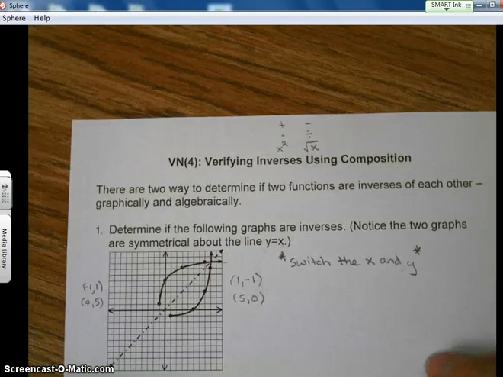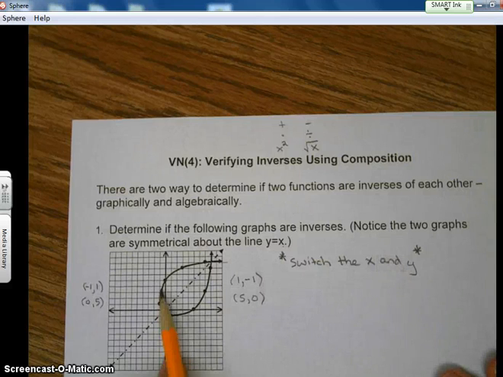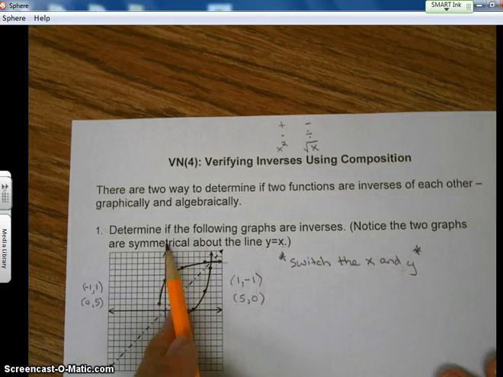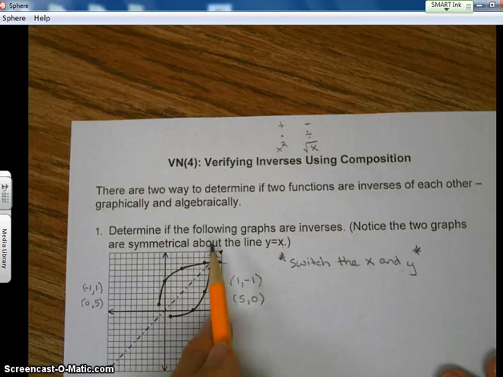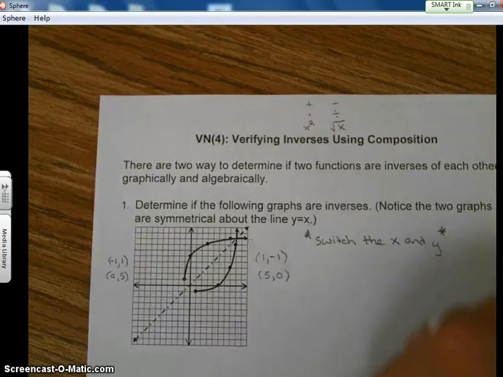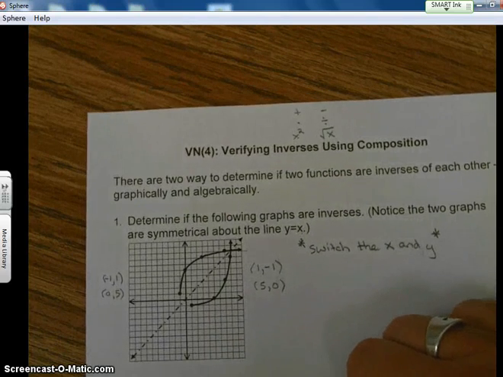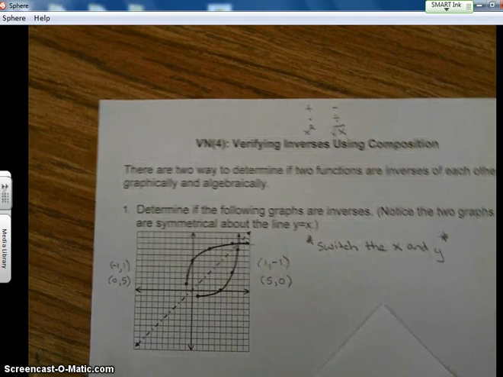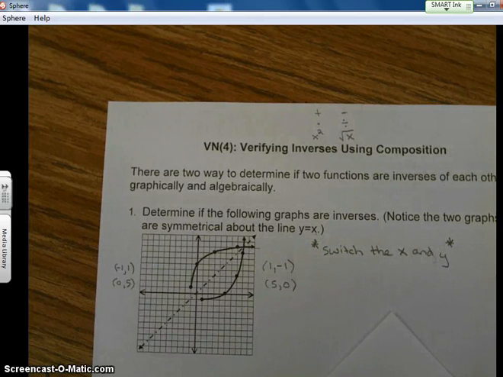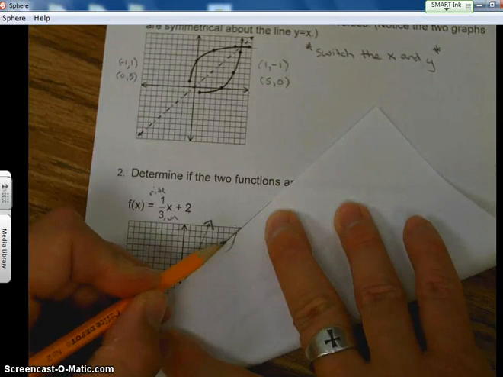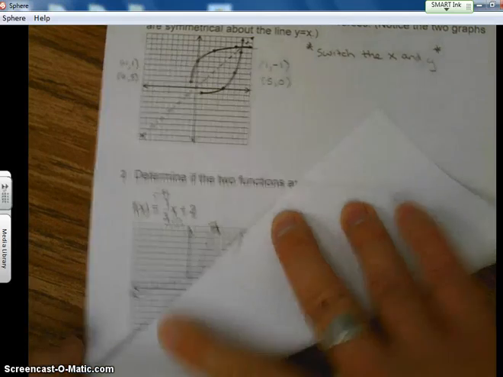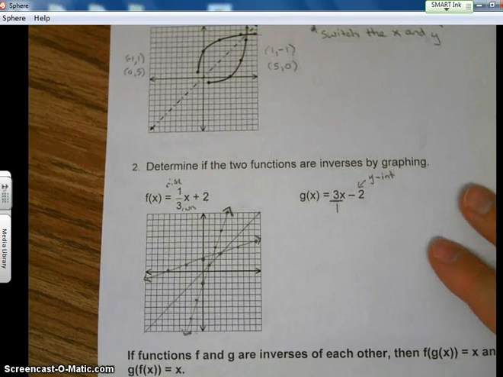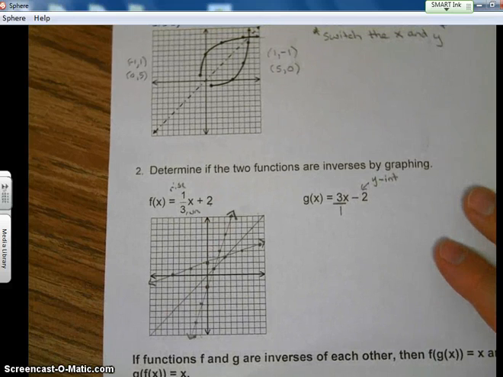Now, remember up here it says in order for two graphs to be inverses, they need to be symmetrical about the line y equals x. So if we draw in the line y equals x, which goes directly through the origin, notice that they're not symmetrical about the line y equals x.